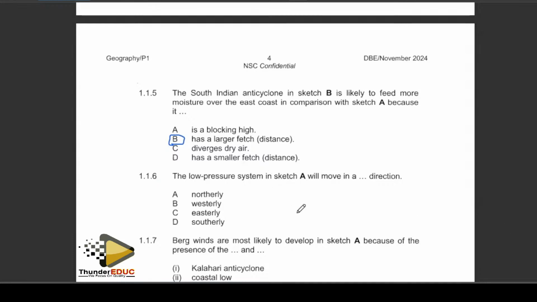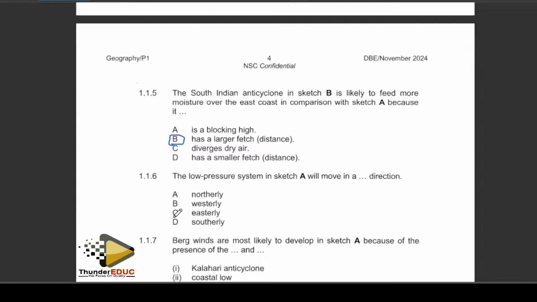The low pressure system in sketch A will move in a dash direction. The low pressure, we said it's a coastal low, and we have talked about the coastal low. We don't need to waste time. We said the coastal lows move from the west going to the east, along the coastal region.